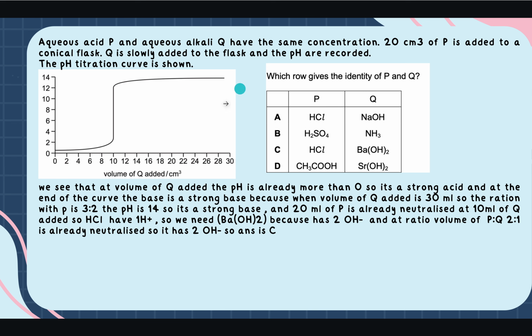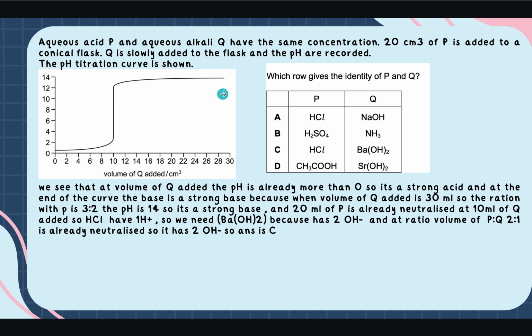To solve this question, we see that when the volume of Q added is 0, the pH is already more than 0, and this is the quality of a strong acid. So we eliminate CH3COOH.